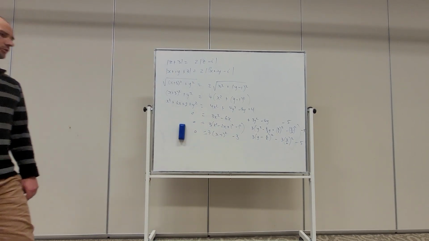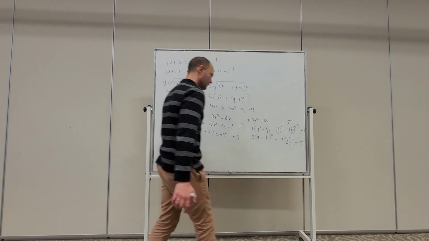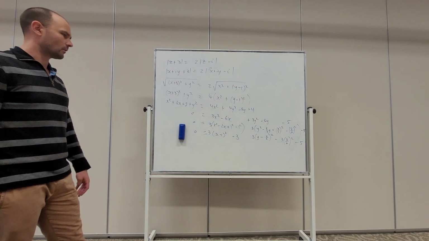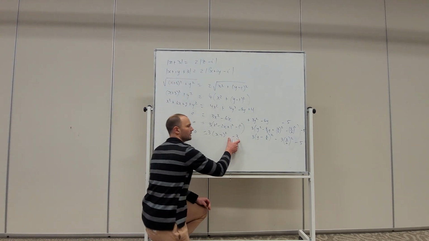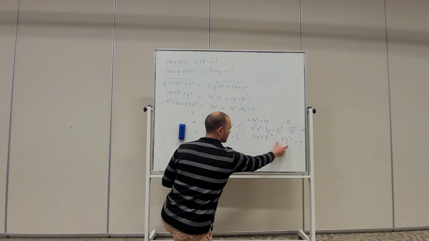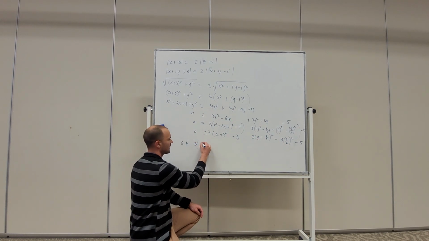Let's shove all of the numbers over to the left-hand side and then divide it by 3, and we've got the equation of a circle. So plus 3, plus 5, and then plus 3 lots of that. So we've got 8 plus 3 lots of 8 on 6 over here.